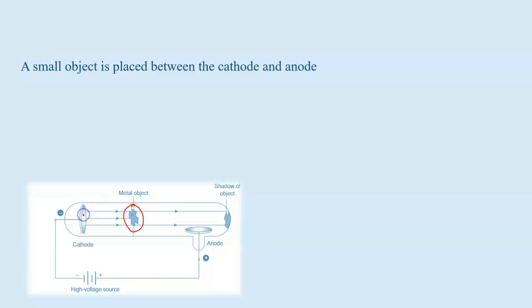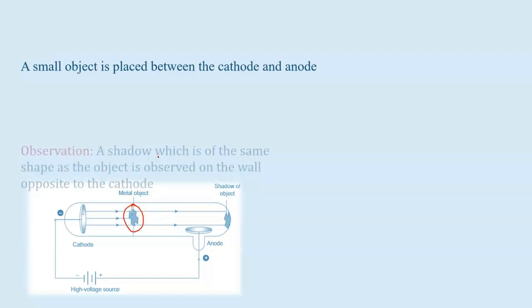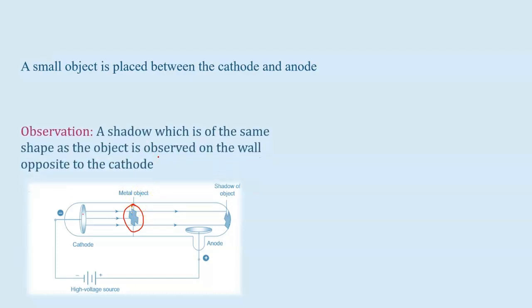First, I have placed a metal object over here, in front of an electrode. After that, what I could see is a shadow of the same shape as the object observed on the screen. So it is observed on the fluorescent screen, in the same shape as the metal object.